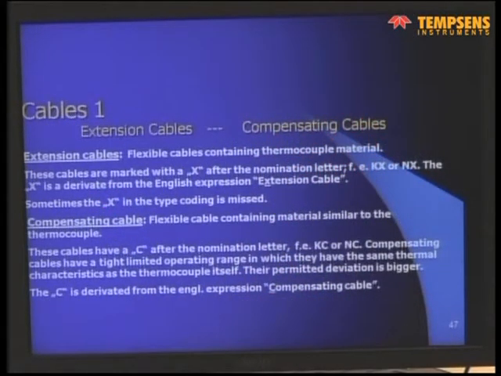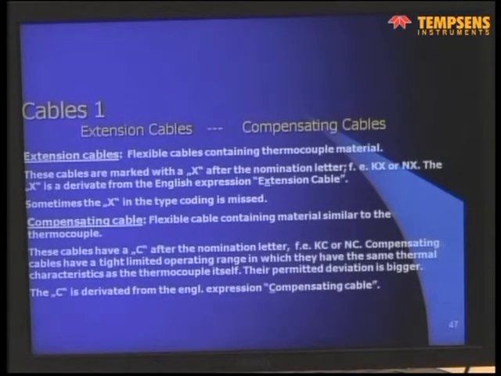Cables, two types of cables are mainly available: extension cables, which use the same material with the same characteristics as the thermocouple itself, and compensating cable, which uses similar material with similar characteristics to the thermocouple.